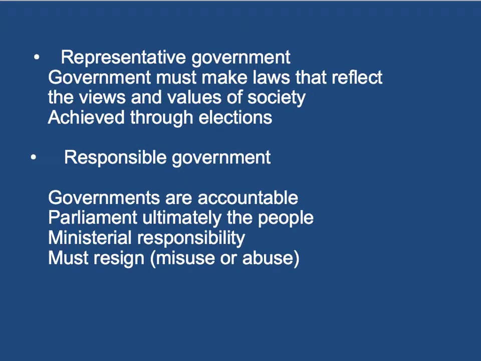Let's have a look at the first of those principles, representative government. This means that the government must make laws that reflect the views and values of that society. Remember, this is achieved through the process of elections.